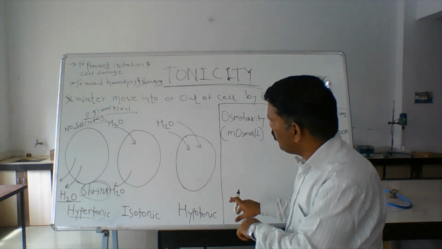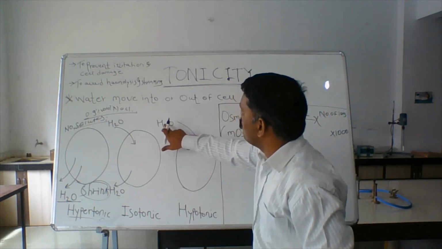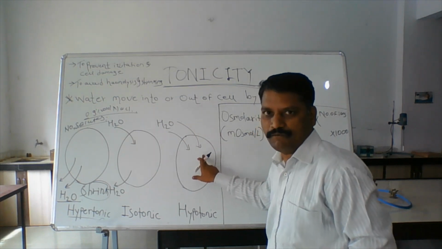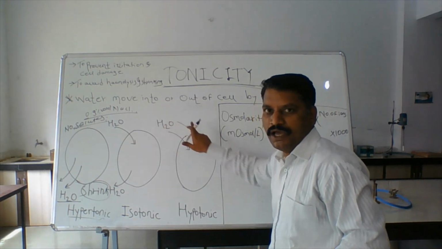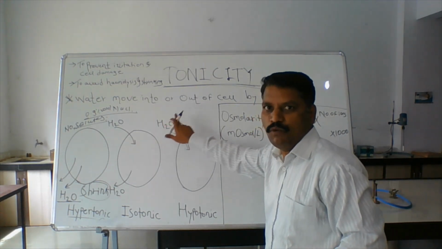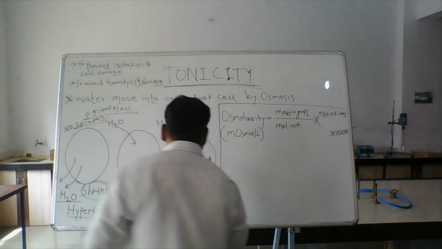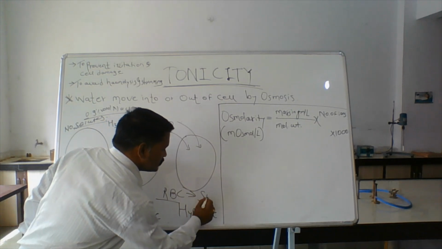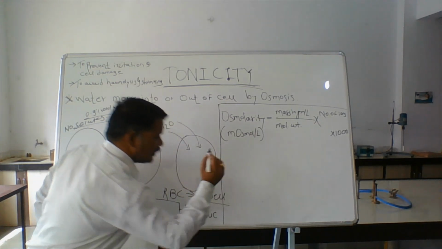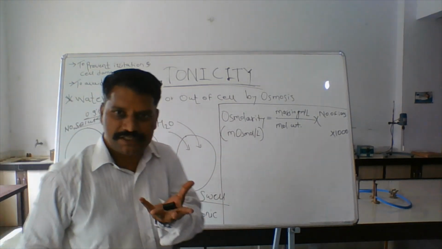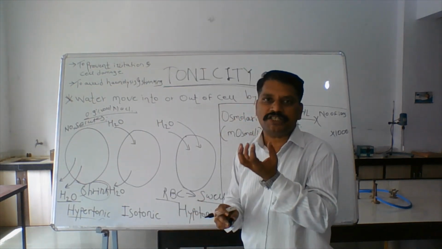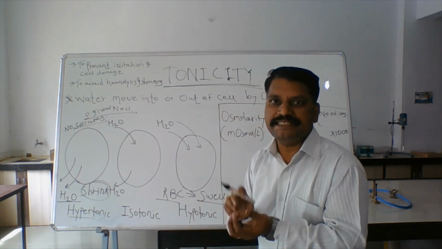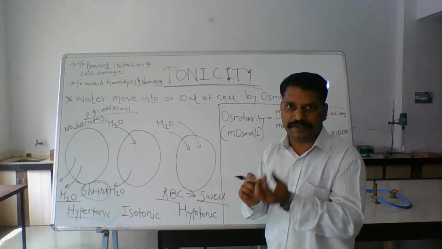Therefore water moves into the cell, and the RBC will swell and then burst because of the excess of solvent inside the RBC.